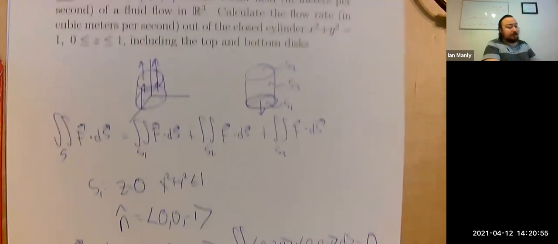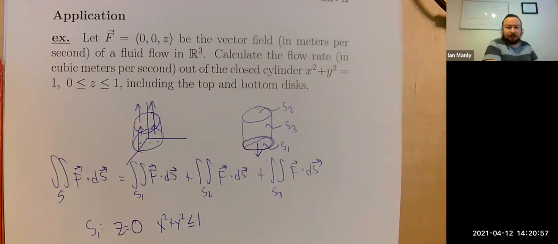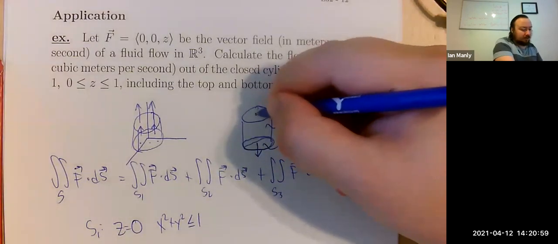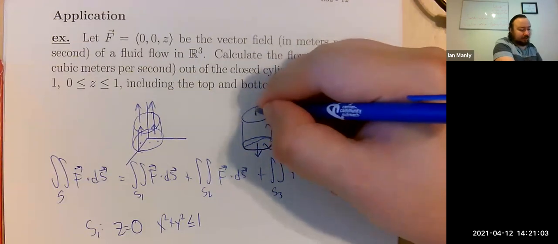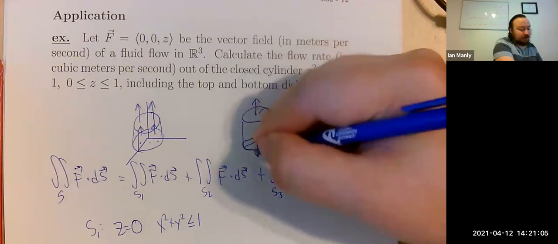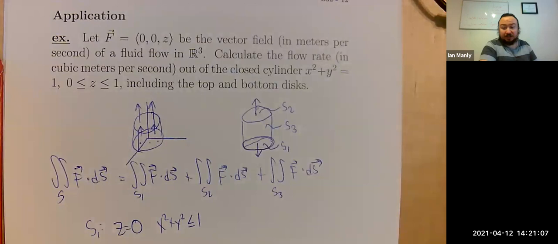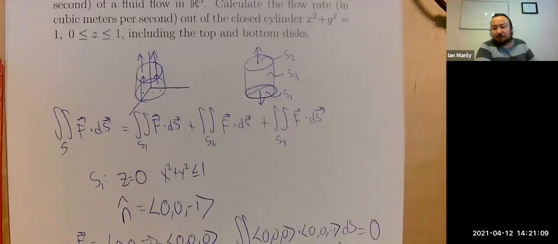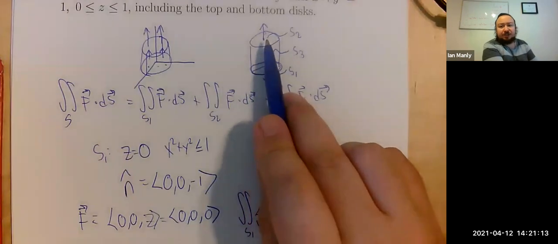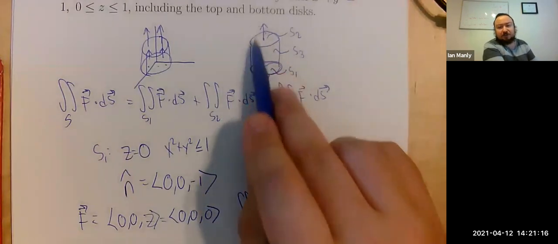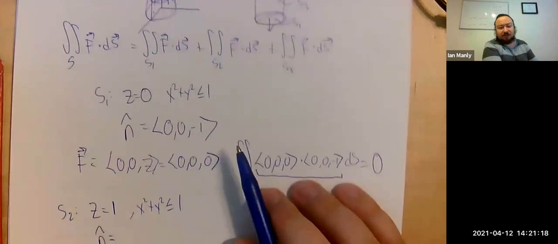This will be very similar to what we did for S1. We want a normal vector so this is totally flat. It's parallel to the xy plane. And we want a unit vector that points away from my volume here, so it's going to be pointing up. So what's that going to be? And yeah, you guys preemptively knew what it was. Our normal vector for S2 will be 0, 0, 1, because again, it's pointing away from the interior volume.